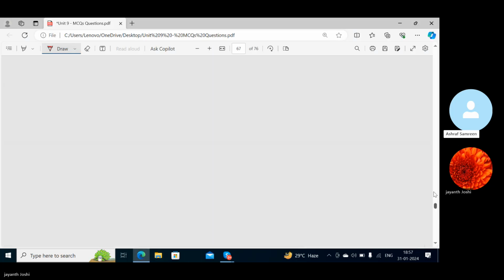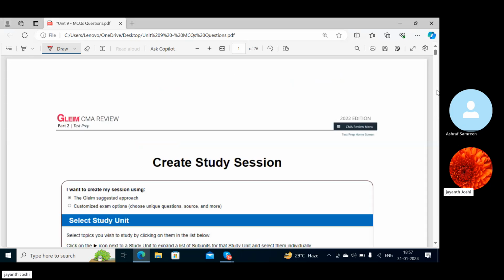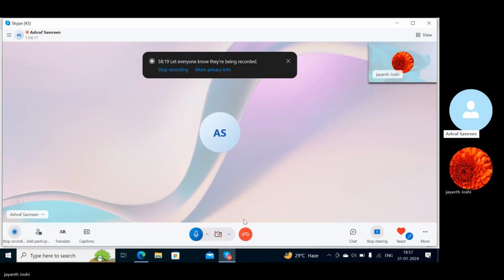Pricing will start, because it is better to finish off the section, right? No, we have to do marginal analysis first. Okay, then pricing. First we'll do pricing and then we'll go for marginal analysis. We can do that. Okay, thank you.